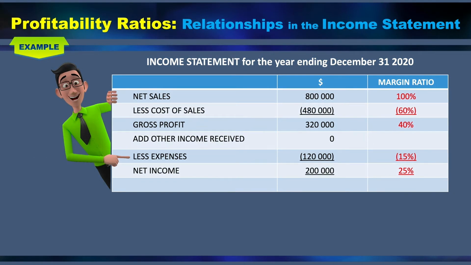And we will see there that having calculated in terms of our ratios, your gross profit ratio is 40%, your expenses ratio would be 15%, and your net income ratio, 25%.